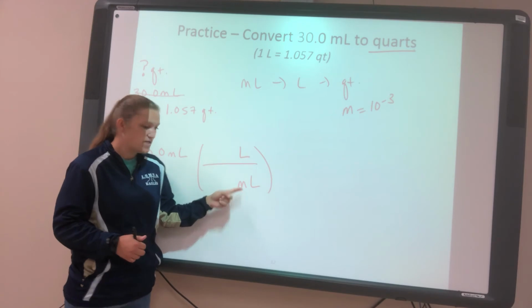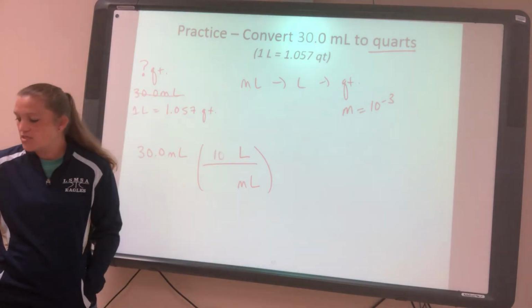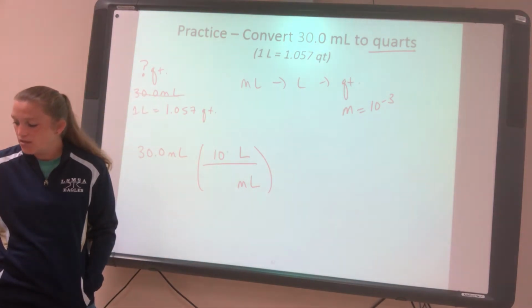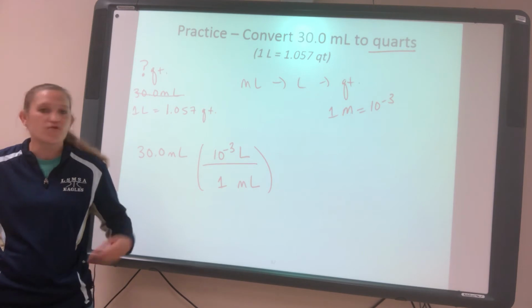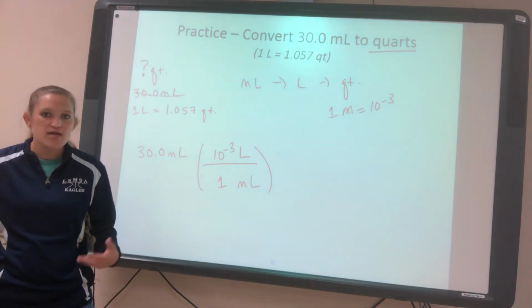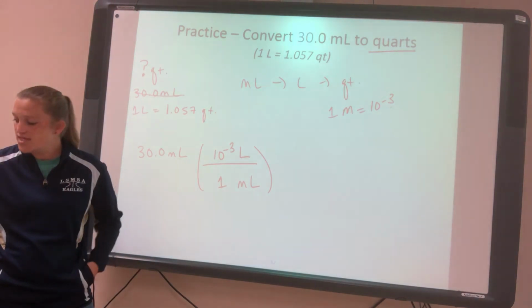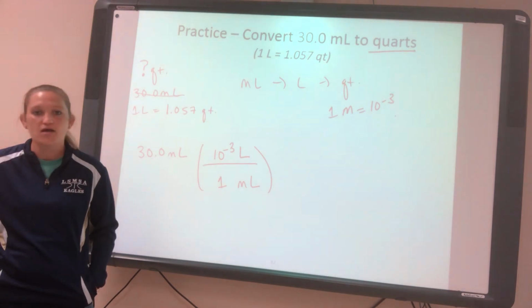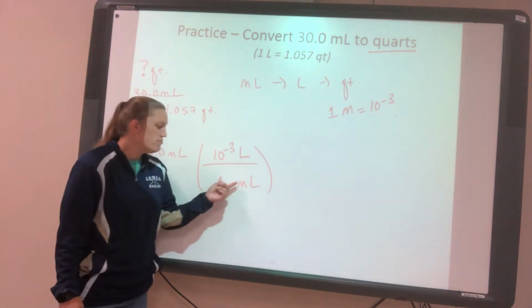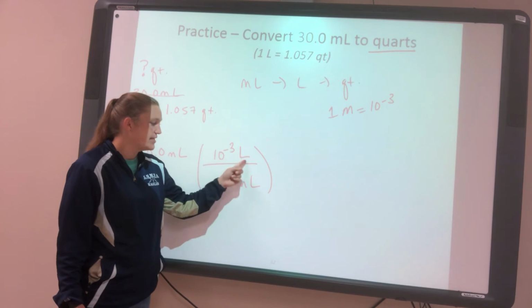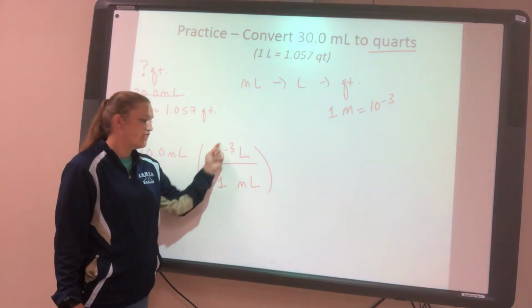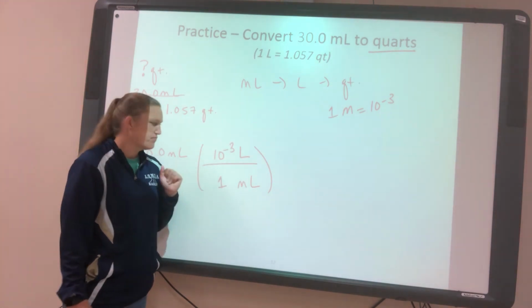So if the prefix is here, the 10 goes here. If this stands for milli, which is 10 to the negative 3, then you put the 10 to the negative 3. So 1 milli, whether milliliter, milligram, whatever the unit is, is equal to 10 to the negative 3 of whatever that initial unit was. So 1 milliliter is 10 to the negative 3 liters. So this is how we use the prefix chart, okay?